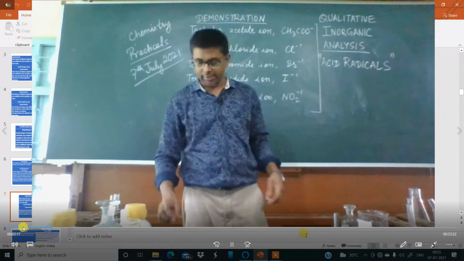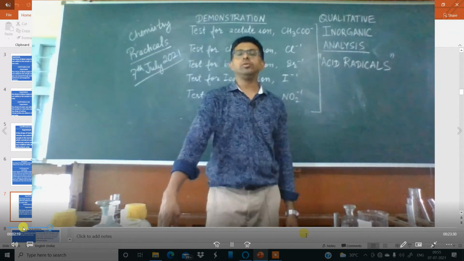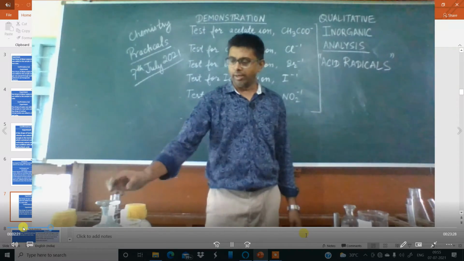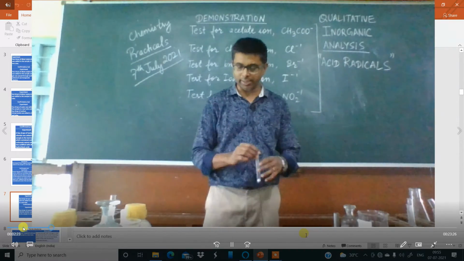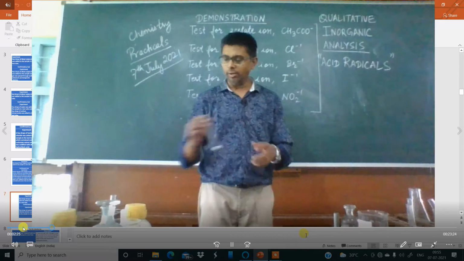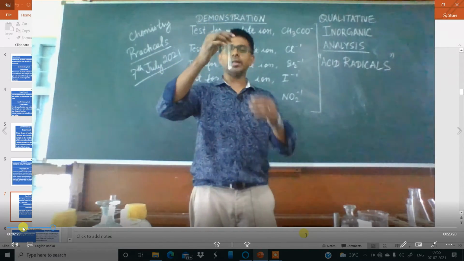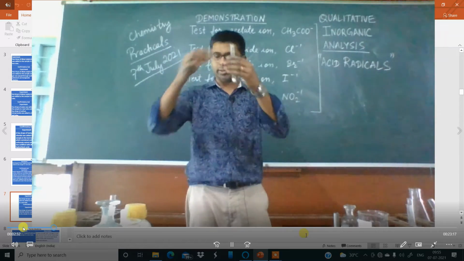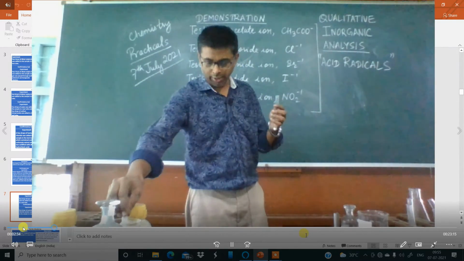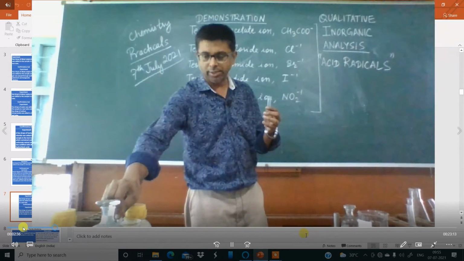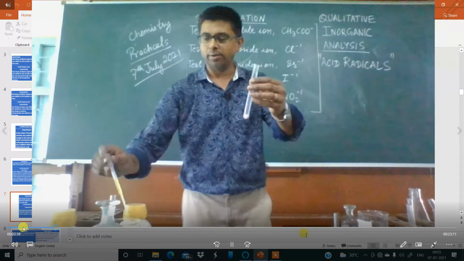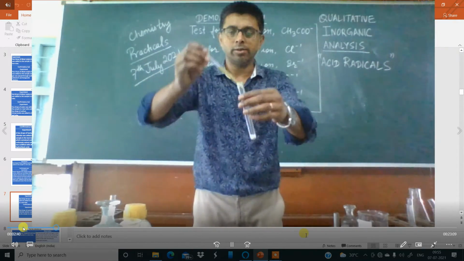And then the second part was the confirmatory test for acetate ion, in which I took a small part of the sample in another glass test tube, and to that I added neutral ferric chloride solution by using a dropper.